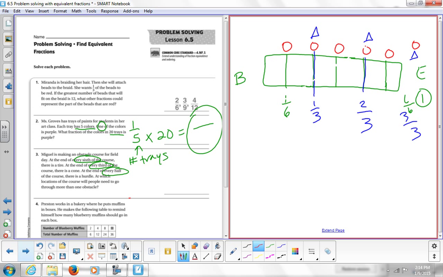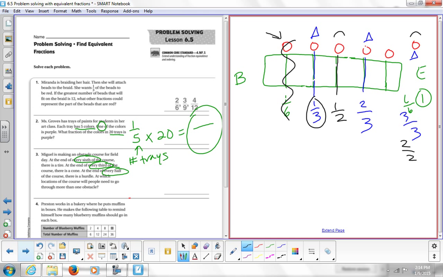Okay, and then it says at every half of the course there's a hurdle. So I have 6. 6 divided by 2 is 3, so this should be a half. Every half there is a hurdle, so I'm just going to draw a U shape. And then there are my 2 halves, which is my whole. Now I can look at this and see where people would go through more than one obstacle. If you look right here, this is only one obstacle, so this doesn't work.